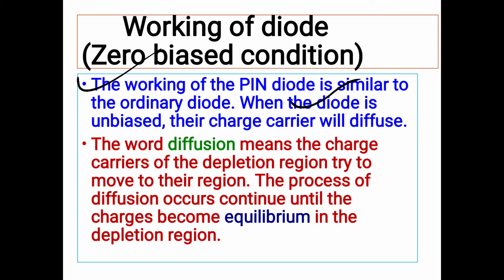We have studied diffusion, meaning that the charge carriers of the depletion region try to move to their region, and the diffusion process occurs until the charges become equilibrium in the depletion region. It means the diffusion process is going to occur until the number of free electrons is equal to the number of holes.